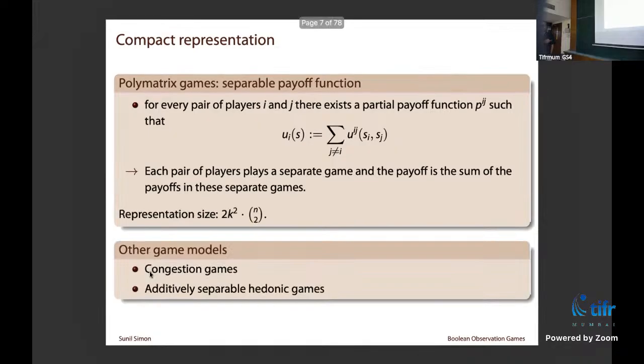And here, of course, the representation is much better because you think of these as matrices, so you have k squared entries, 2 times k squared, and there are n squared such cases. This is one such class which is well studied. Of course, there are many other classes. There are what I call condition games. Condition games again are strategic form games, but you don't have to provide the strategic form game explicitly.